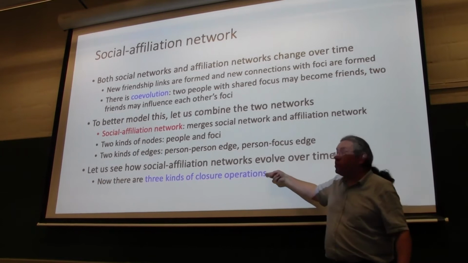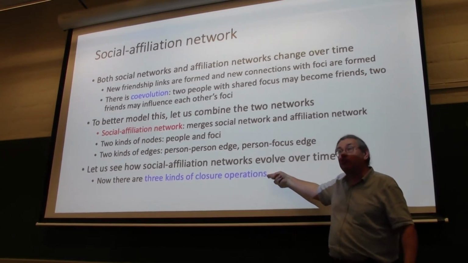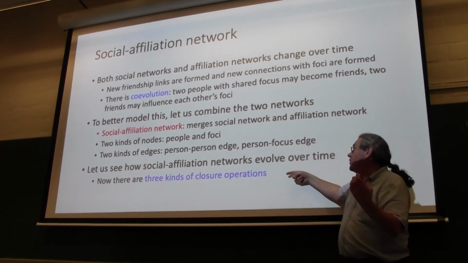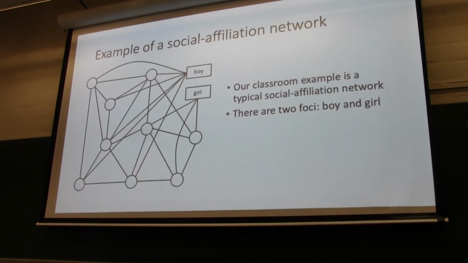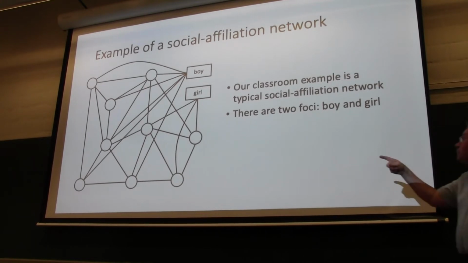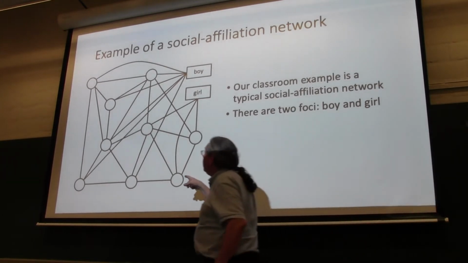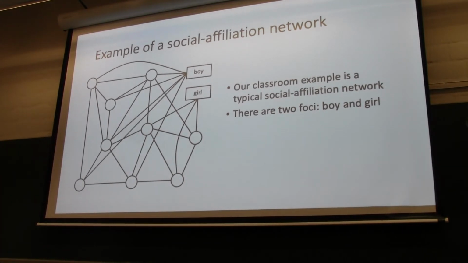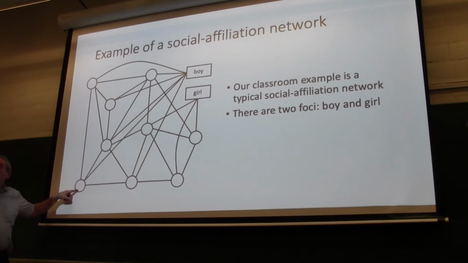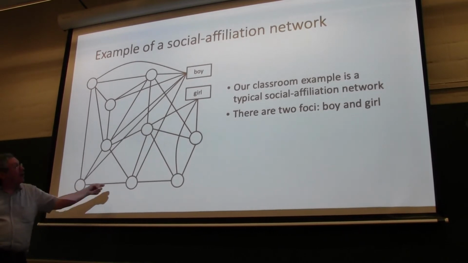So here we have these closures. Remember triadic closure? It's a very basic thing. Friends of friends become friends. So here's an example. This is my primary school example from 10 minutes ago, but it's actually a social affiliation network in disguise. Because I colored the nodes, remember? They were either light or dark.